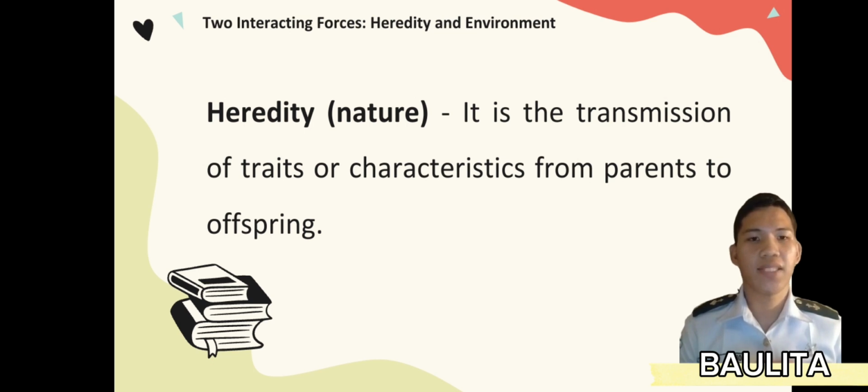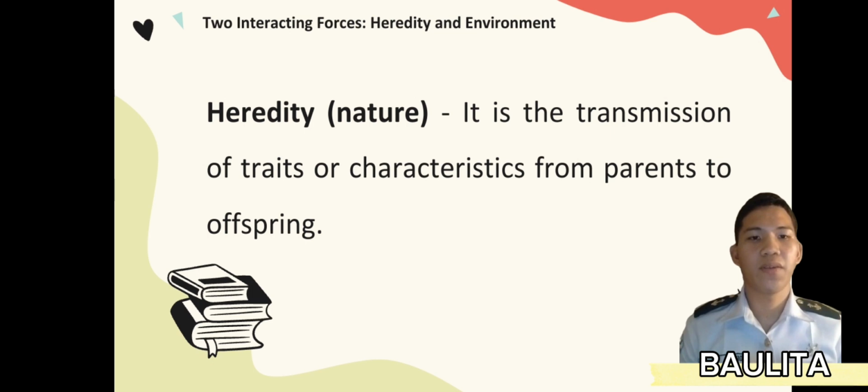Genes. The basic units of heredity, genes are segments of DNA that carry instructions for the development of specific traits such as eye color, height, and susceptibility to certain diseases.